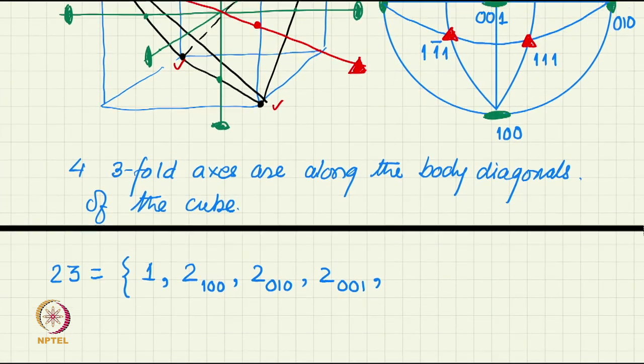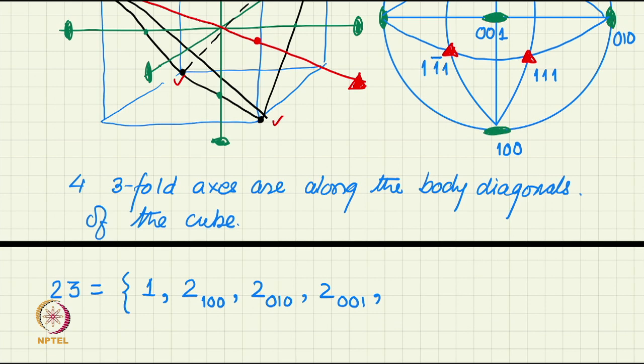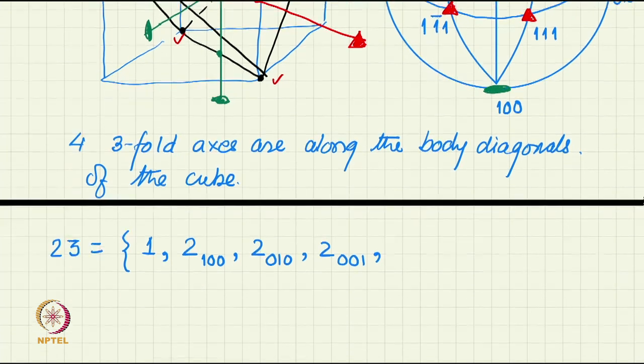Now, about the threefold. Threefold, we have seen that every threefold is associated with 3 operations, the identity, the 3 plus and the 3 minus. Again, identity is same for all the axes, and we have already counted and included that. So, we will not take up the identity, but 2 operations, that is 120 and 240 degrees rotation, or plus 120 and minus 120 degree rotation about each of these 4 body diagonals we have to account for.